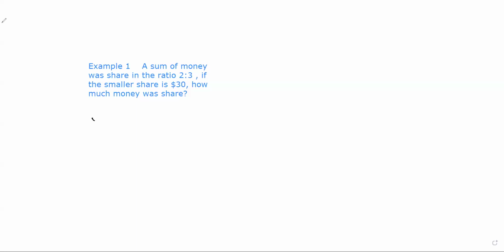The total sum is 5, because you add the 2 and the 3 to get the 5. Then you're going to have 2/5 multiplied by 30.